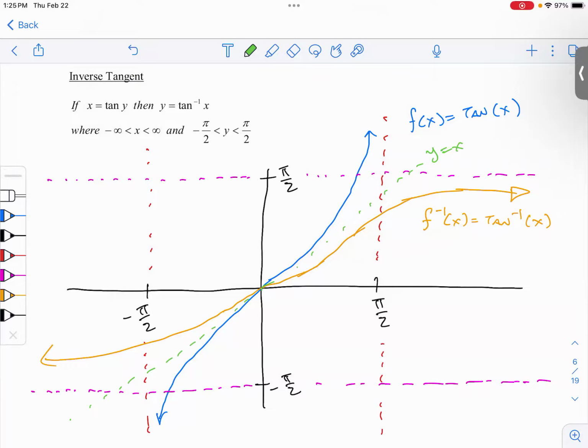But here's the best part. How does the inverse tangent function look compared to the tangent function? Besides my bad drawing. Is this, for the blue line, the entire tangent graph?